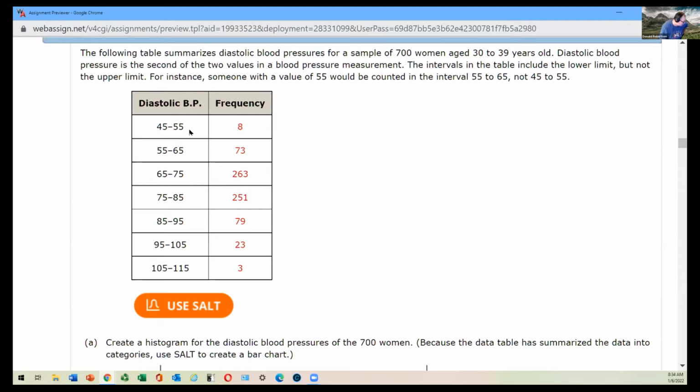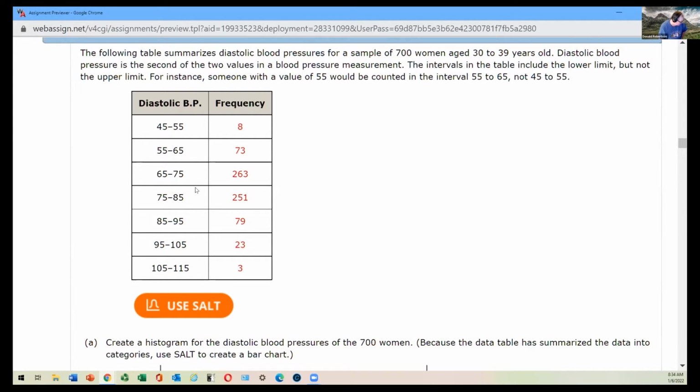So this would be 45 up to 54.99. Imagine they got a really accurate blood pressure measuring thing, right? So this would be 45 up to, but not including 55. This would be 55 up to, but not including 65. So the first number you count and the last number in the pair, it's anything just as close as you like to it, but not it, right?